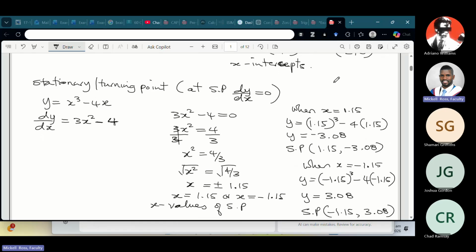So remember, the function is increasing or decreasing. That means you can get a concave upwards or a concave downwards, and that's where you're going to find out where you have your minimum points or your maximum points. All right, so that's what we're going to check on next. So finish writing this. Let me know when you're finished writing so I can continue.